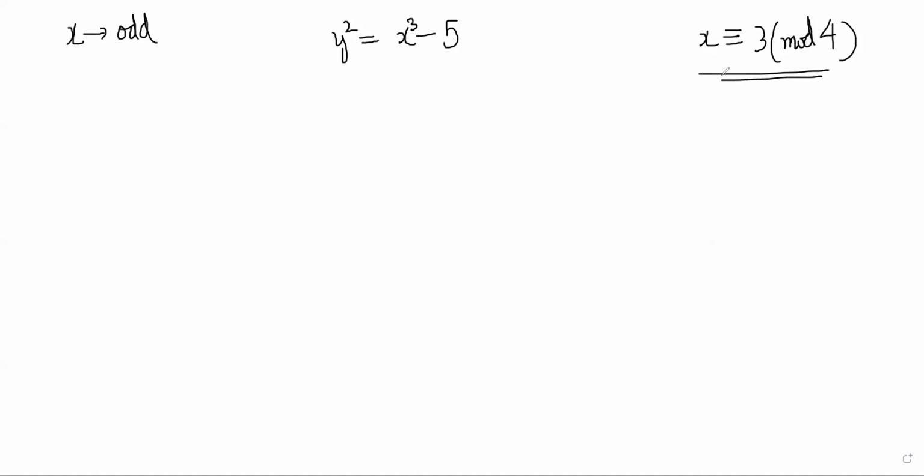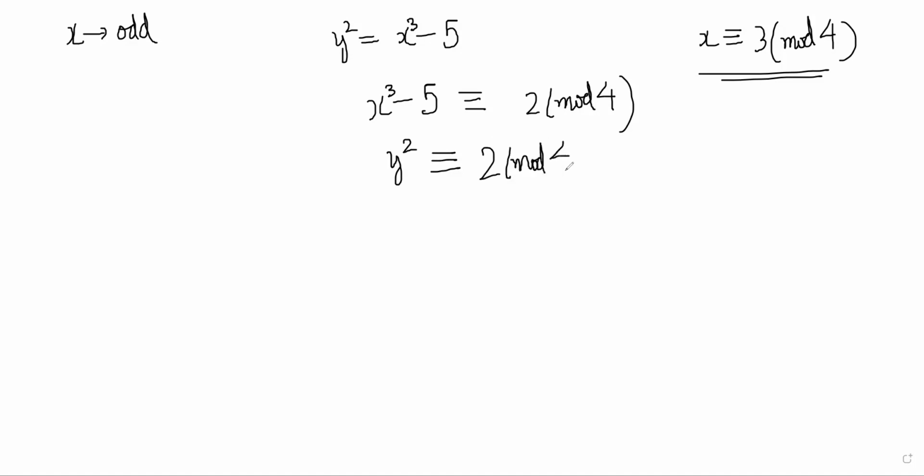So if x is of the form 3 mod 4, x cube minus 5 will be congruent to 27 minus 5, 22. It is congruent to 2 mod 4. And then again, it's a contradiction because we are getting y square is congruent to 2 mod 4, but it can only be 0 or 1 mod 4, right? So x cannot be 3 mod 4, right?